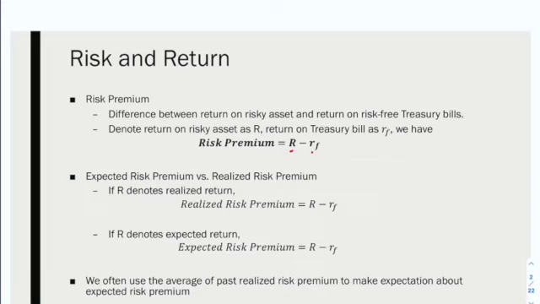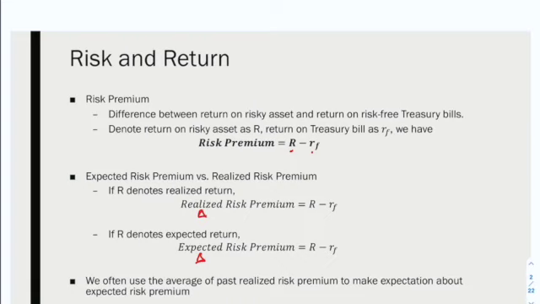When we talk about return, we need to make the distinction whether we are talking about realized return from the past or expected return for the future. Is it return that we already had from previous stock market price realizations, or is it something that we are looking at to the future?